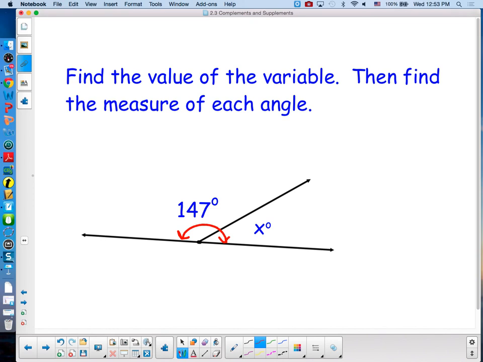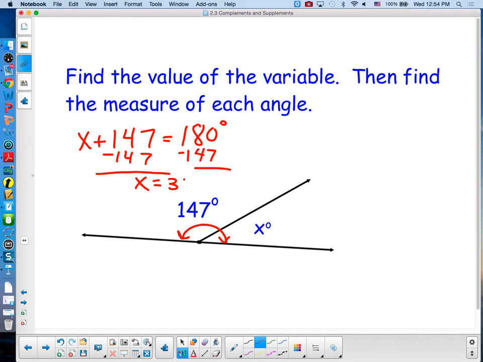Not too many of you are writing it like an equation, you're just coming up with the answer. But here would be my equation. Added together, those two angles add up to 180. So then you're subtracting 180 minus 147 and gives you x equals 33.